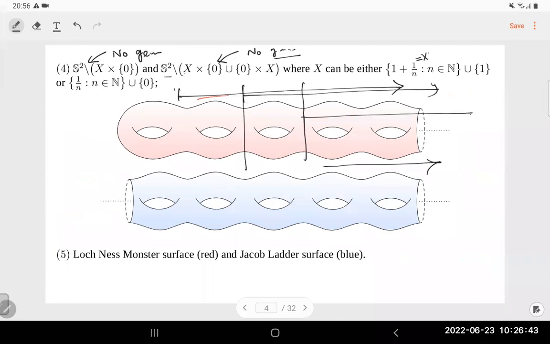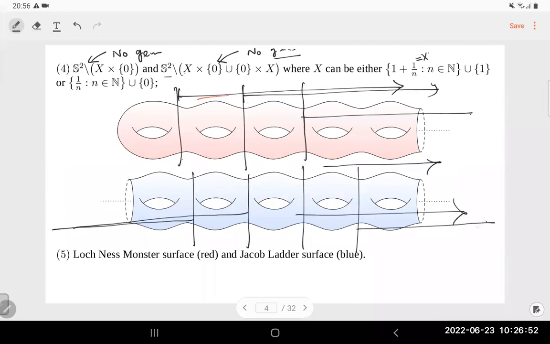And this one has exactly two ends this way. So the Jacob's ladder surface has two ends, and the Loch Ness monster has one end.